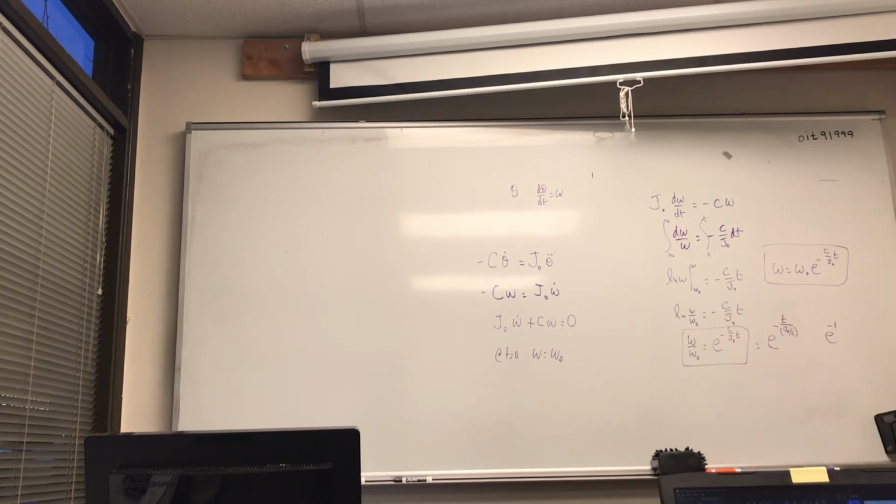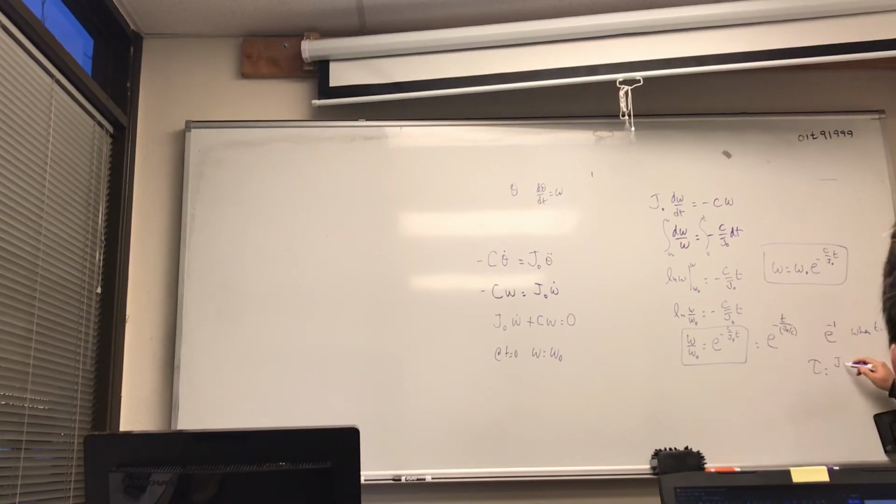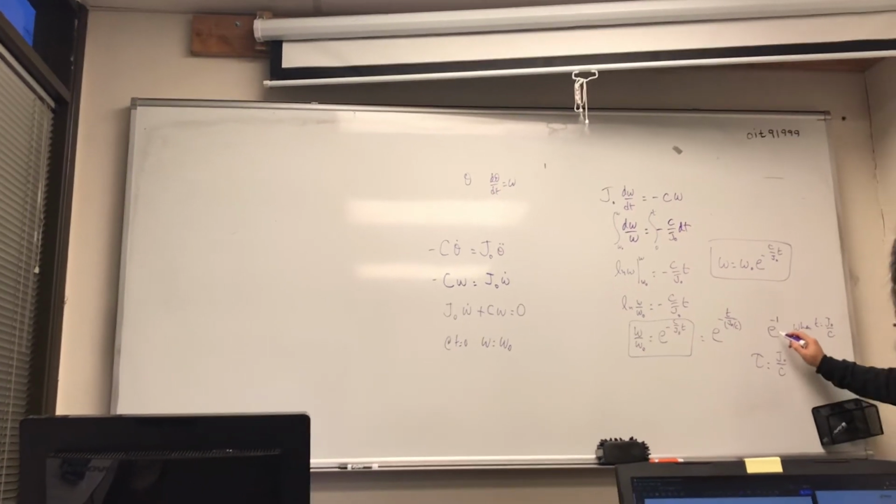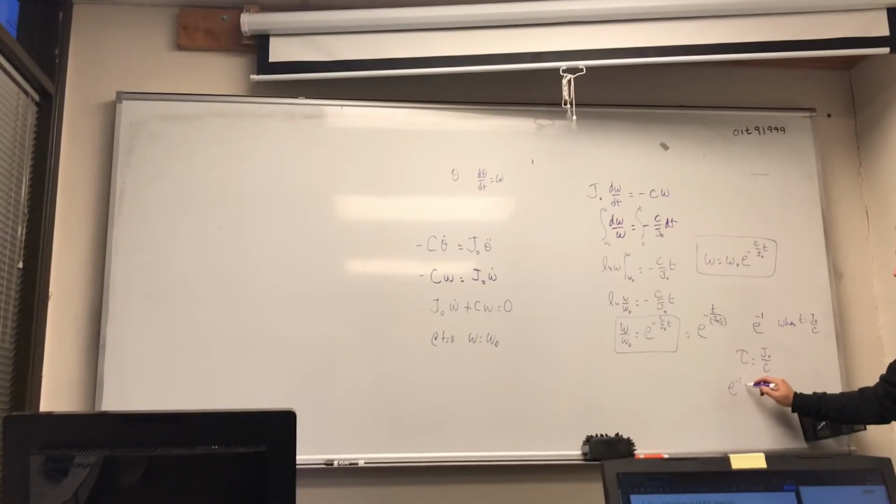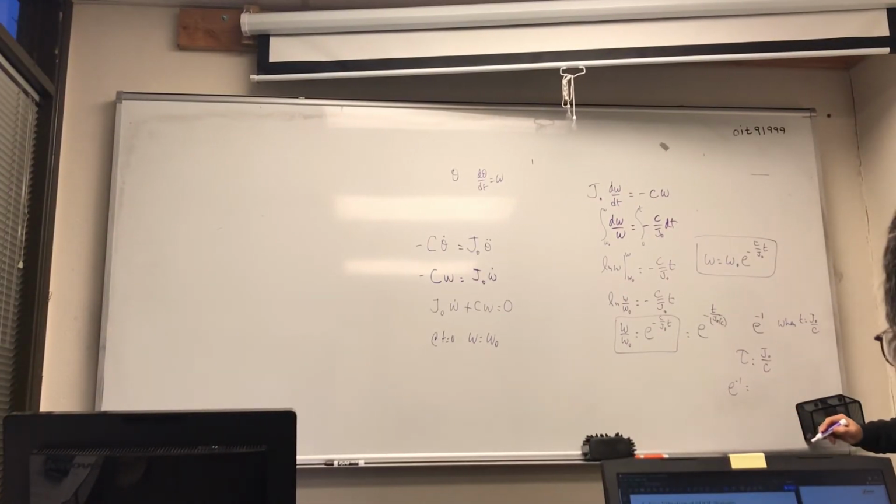Only when the denominator is equal to the numerator, right? That means when t is equal to J naught over c. So we call this time the time constant, which is J naught over c, because the exponential of minus 1, if you look in your calculator, should equal 0.368.